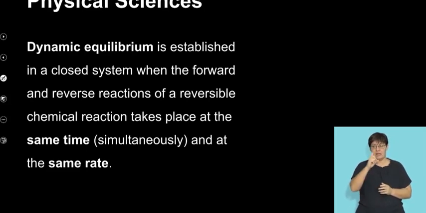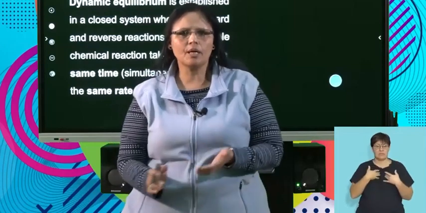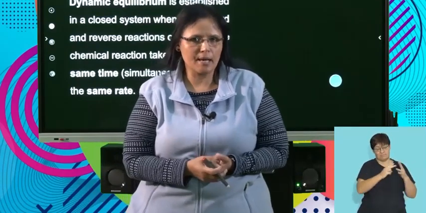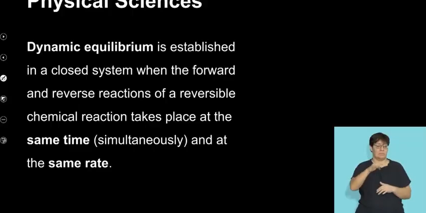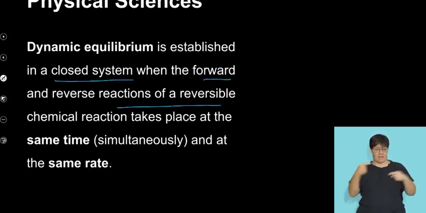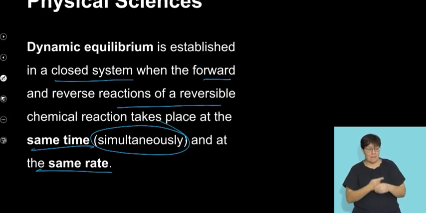Dynamic equilibrium. Remember when I gave you the definition of chemical equilibrium, I said it is one of the types of dynamic equilibrium. Now, dynamic equilibrium is established in a closed system when the forward and the reverse reactions happen at the same time, at the same rate. Same time means simultaneously.